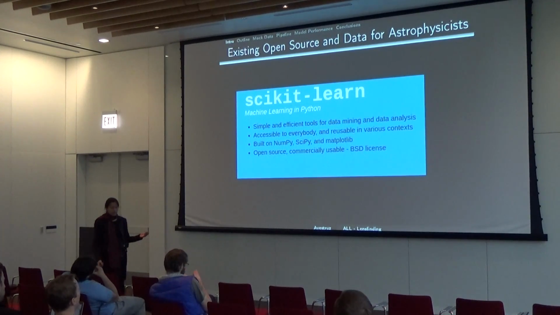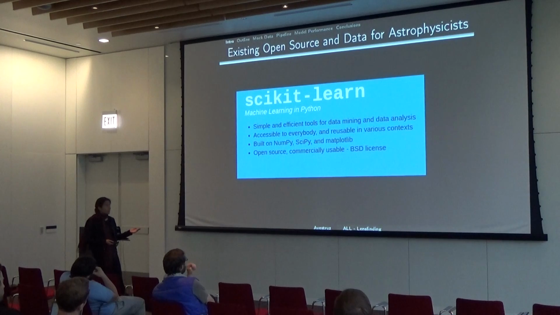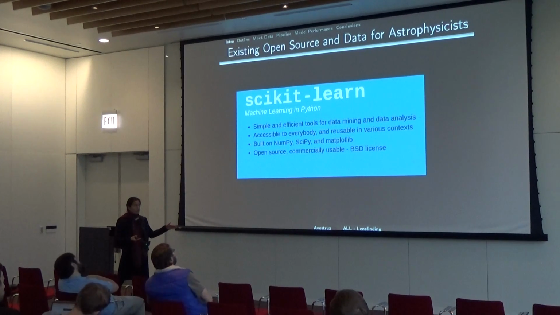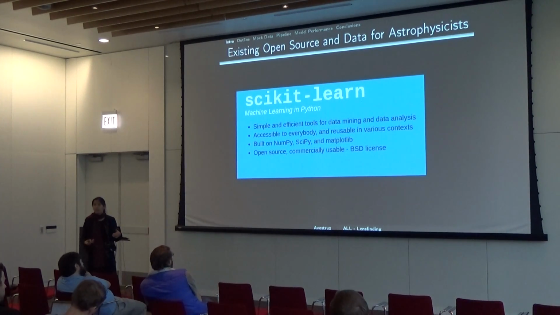And in particular, basically everything that's been used in this talk that I'll be showing you is all from either scikit-learn or skimage. So these are basically Python libraries that allow you to do analysis on large data sets using existing machine learning tools, and also for the image processing part, things that a lot of people in computer vision might have used as well.